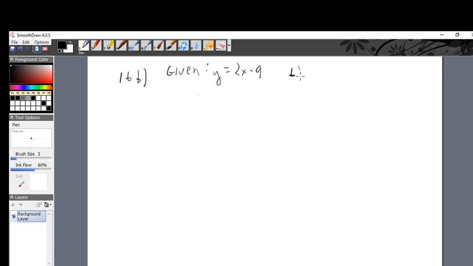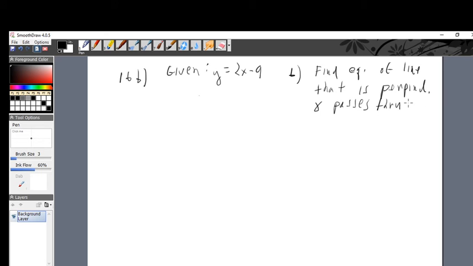Question B was find the equation of the line that is perpendicular and passes through 5 comma negative 2. So a lot of the information we already did. Now we know the slope for this is m is equal to 2. But we need the negative reciprocal.